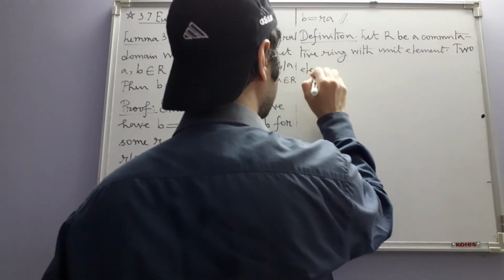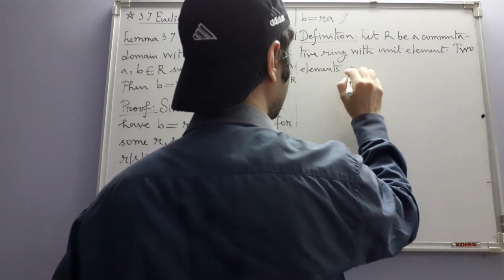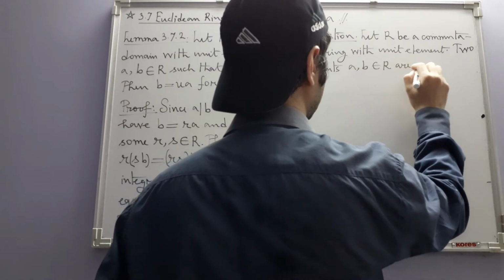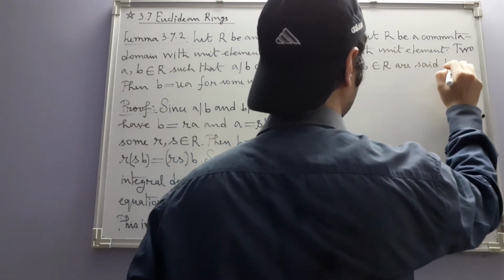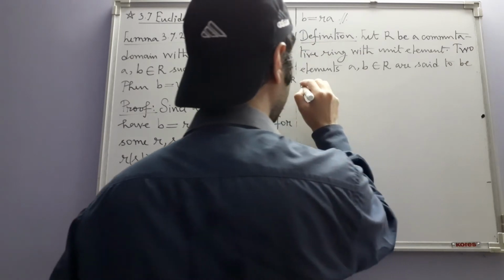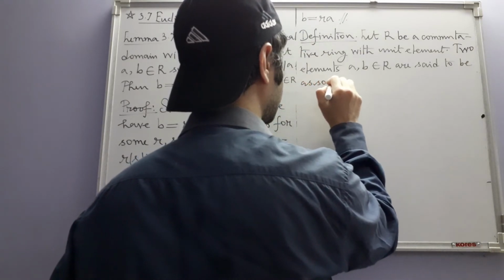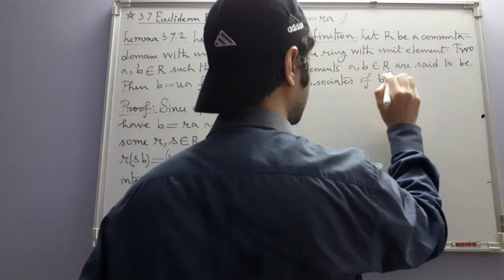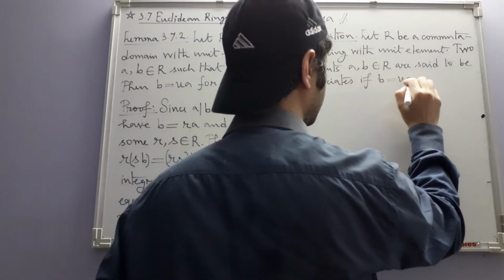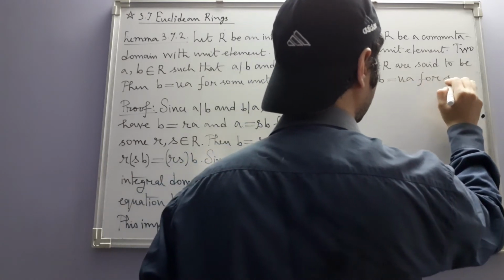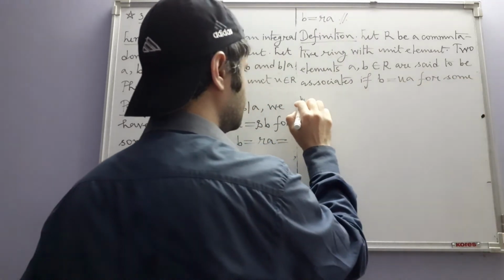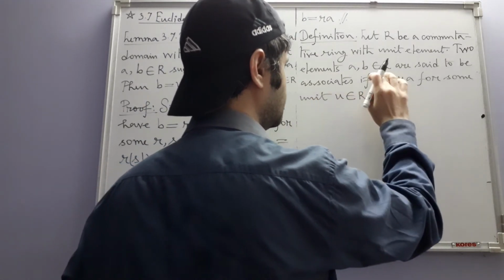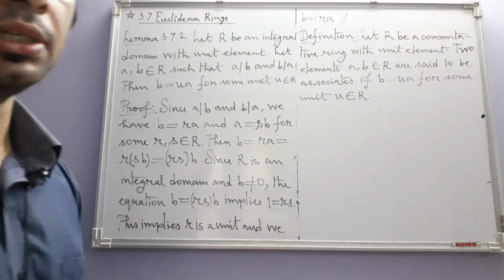Two elements A and B belonging to R are said to be associates if B is equal to UA for some unit U belonging to R. You can also write A equal to UB.